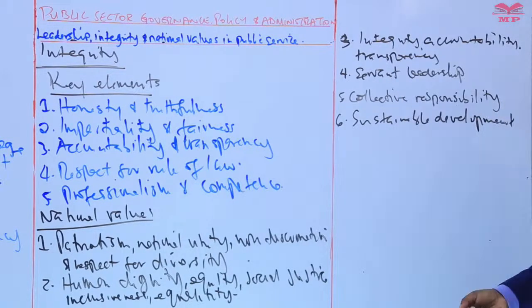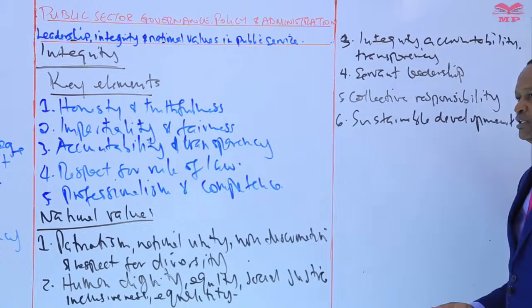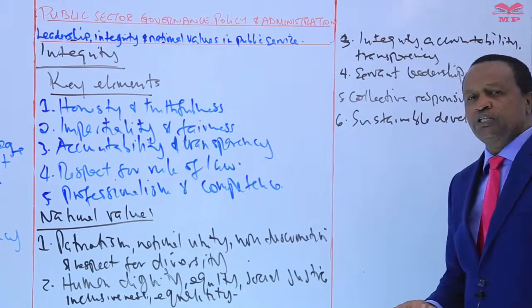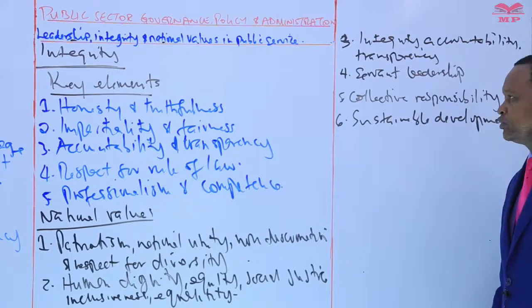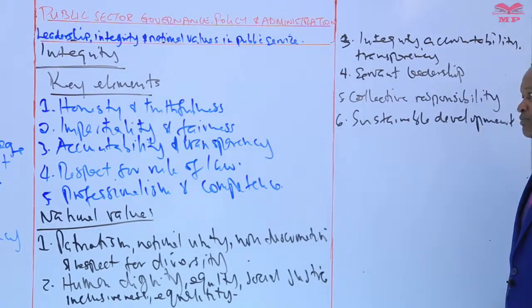That is to say that it is not meant to meet only the short-term needs, but also the long-term needs, taking into consideration the needs of future generations. So public servants should shy away from what we call short-termism.